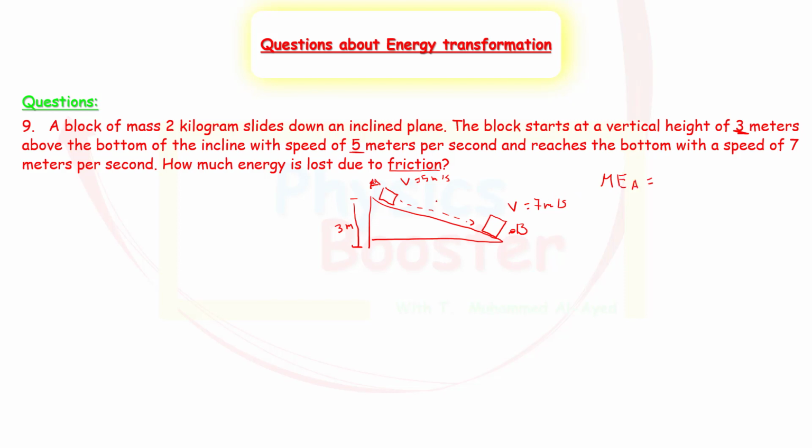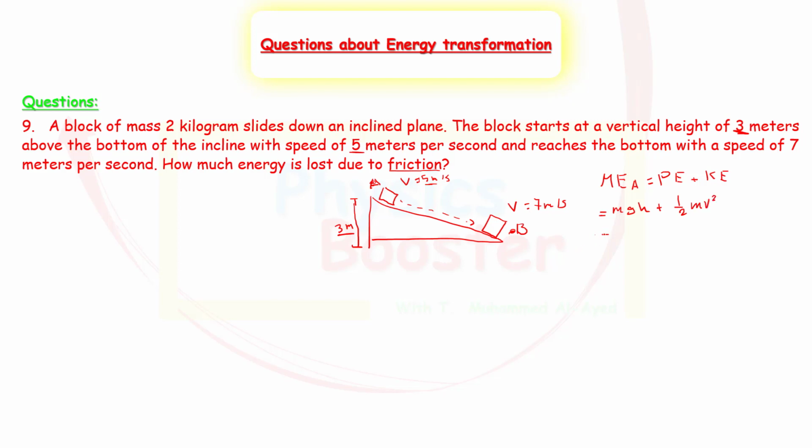It is clear that it has two types of energy. One of them is potential energy because it's above the ground, and the other is kinetic energy because it is moving. So it will be equal to the potential energy plus the kinetic energy, and we have the inputs to find all these values. The potential energy is equal to mgh plus half mv squared.